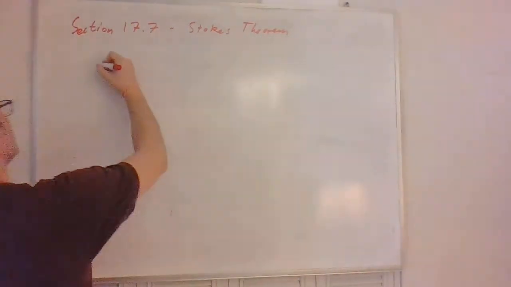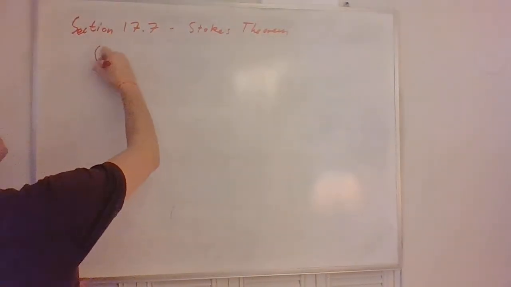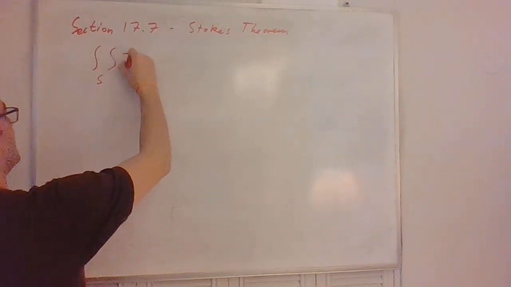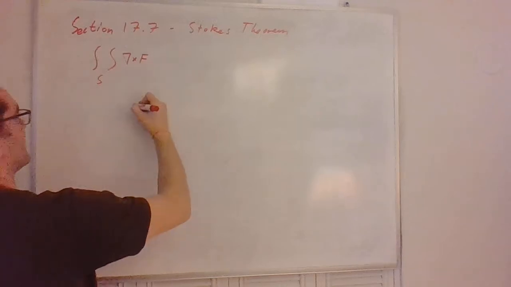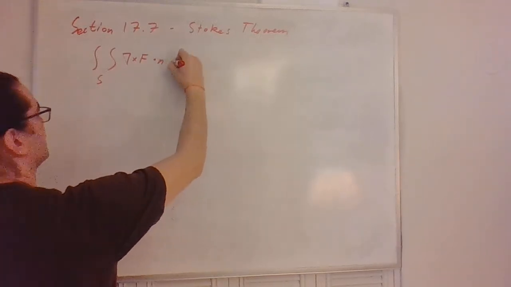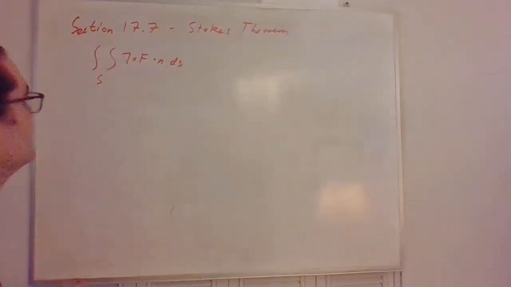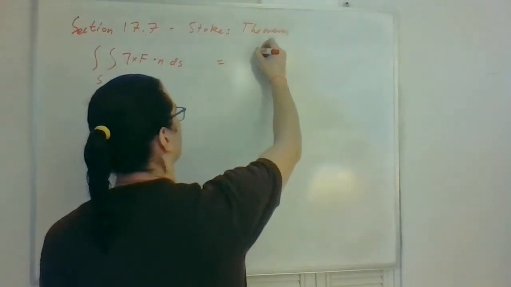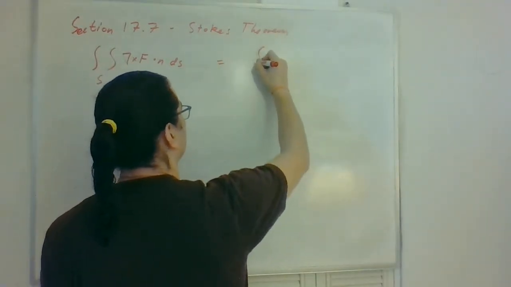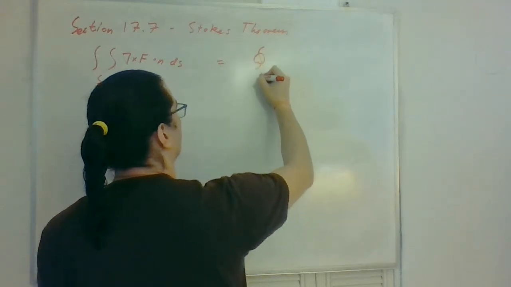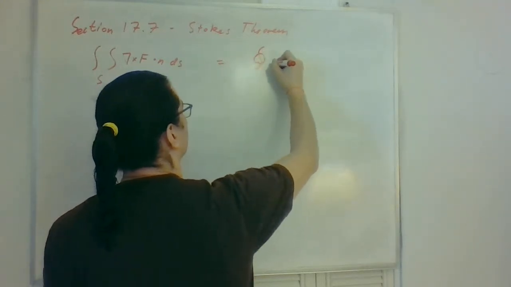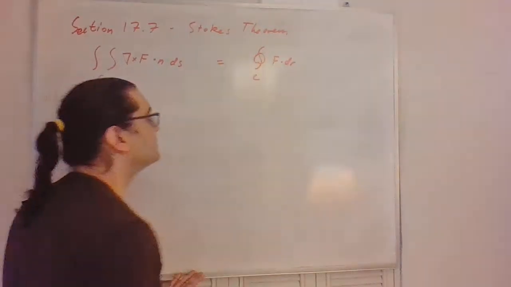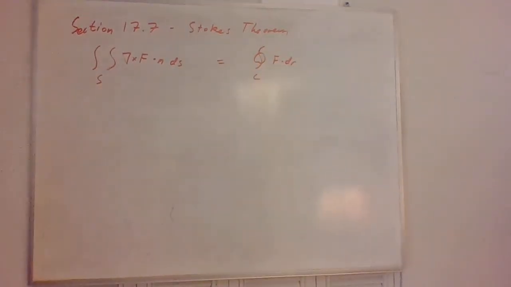Stokes' theorem says that if you're doing the surface integral of the curl of a vector field, you can instead do the line integral around the edge of your surface.